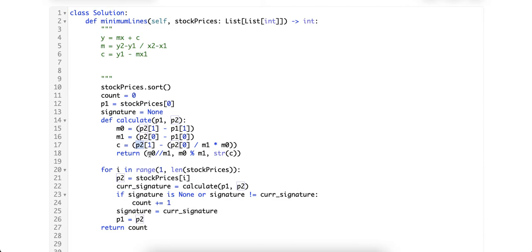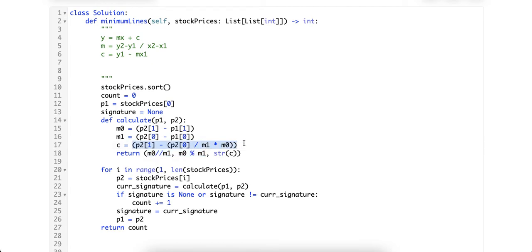To return it, this is an integer division of the numerator and denominator, and this is the remainder. The two of these will reflect the slope. You don't really need to do this, but just be careful about floating point numbers. And then C will be calculated like this.